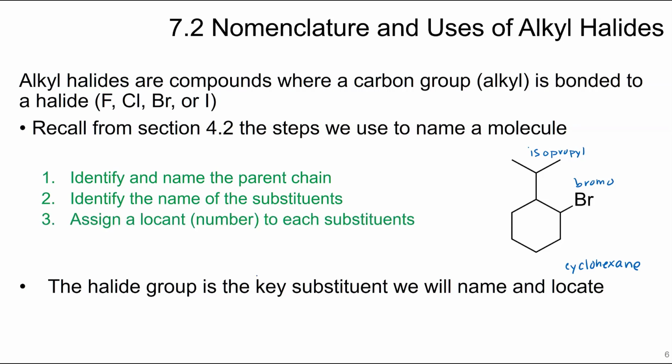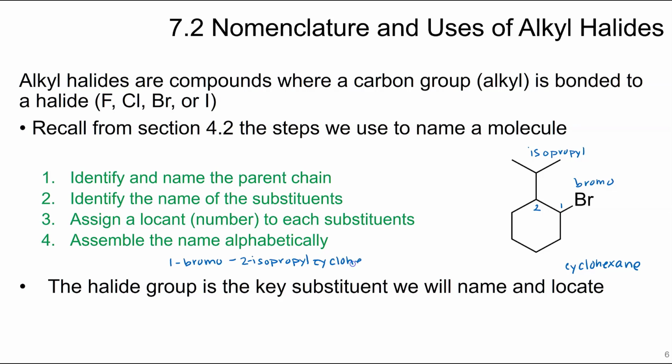Then we're going to assign a locant number to each substituent. This would be 1, and this is 2, just for alphabetical purposes. And then we put the name together. So we have 1-bromo, 2-isopropyl, cyclohexane. Again, the halide group here is what's different, and that's the key substituent we're going to name and locate.